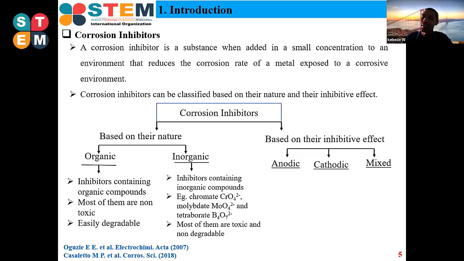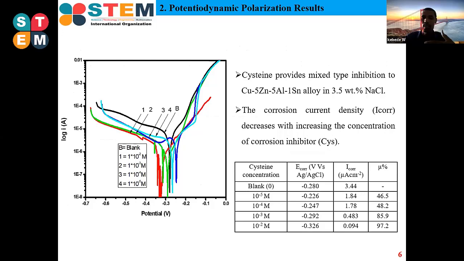If it retards the cathodic reaction or the cathodic mechanism, we call them cathodic inhibitors. And if they retard both the anodic and cathodic parts, it is a mixed type. Actually, this type is a good type because they can protect the metal or other material in a better way.